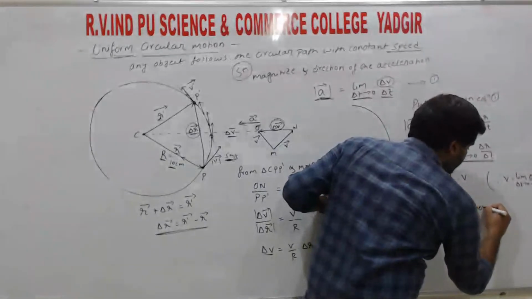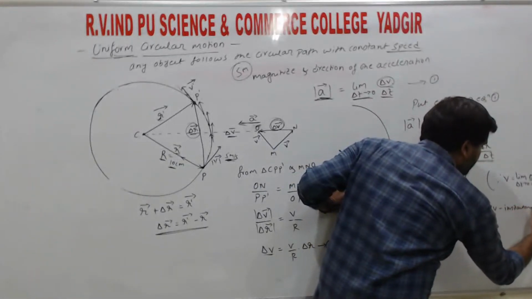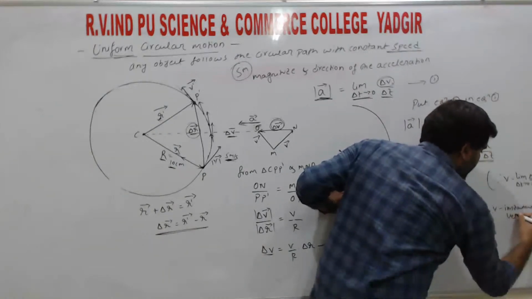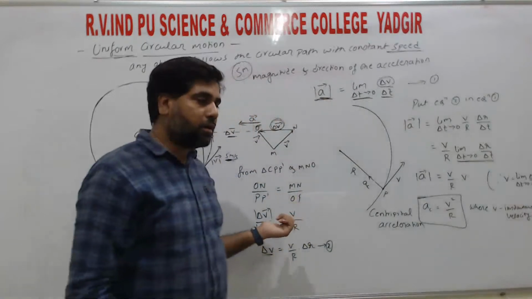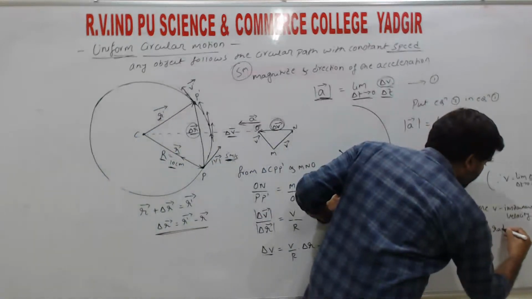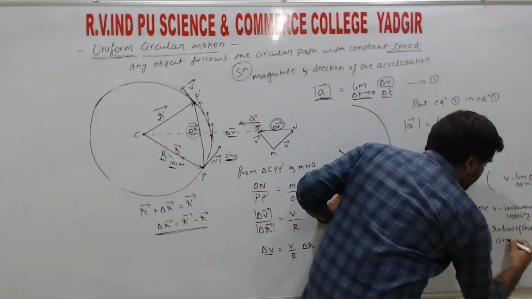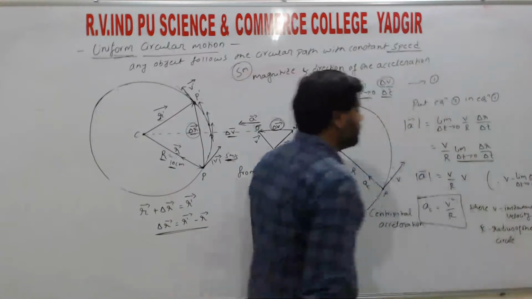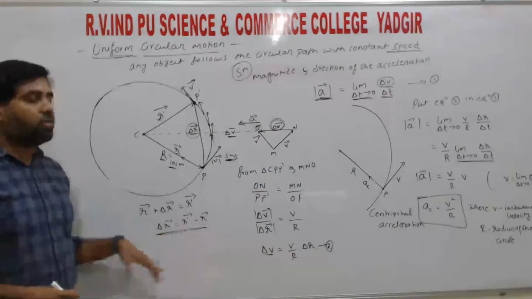Where V is the instantaneous velocity, that means the velocity of the particle at a particular time, right? And R is the radius of the circle, right? So this is the derivation for 5 marks.